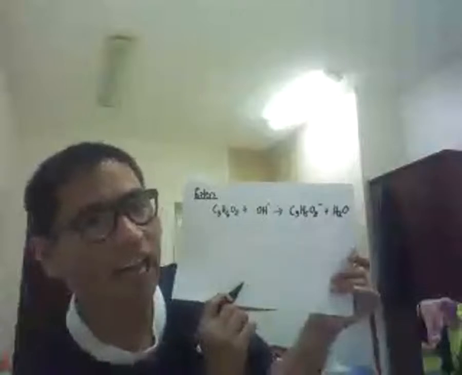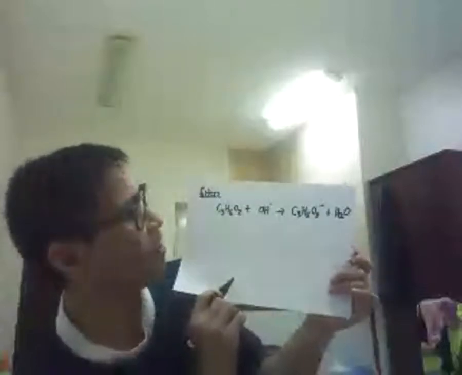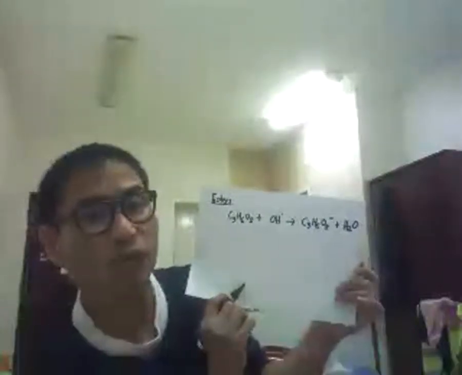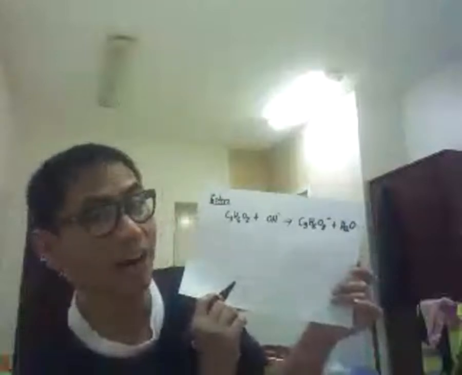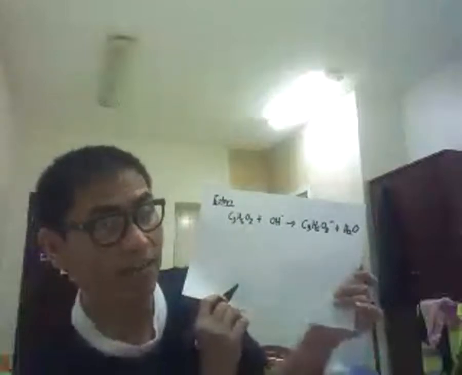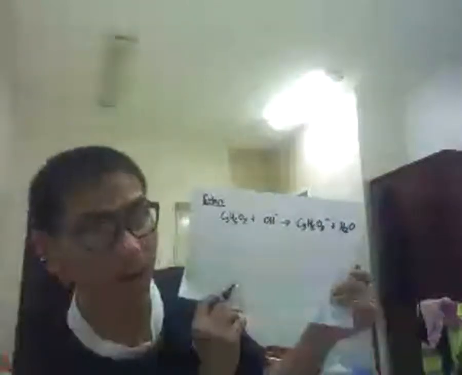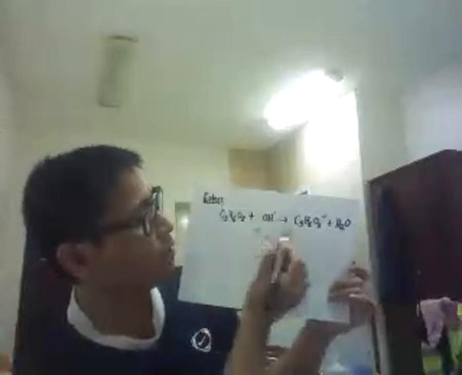So we have propionic acid, C3H6O2, which is the body odor or the food or animal preservatives, plus the OH negative, which could either be alcohol or the base that involves OH, is equal to the propionate now, the conjugate base of this propionic acid, plus water.